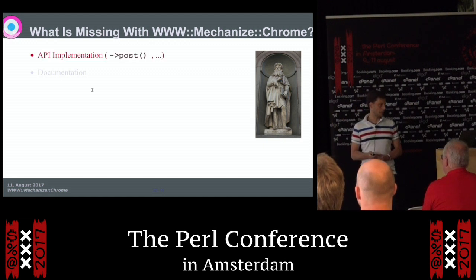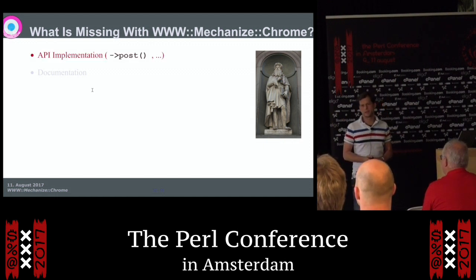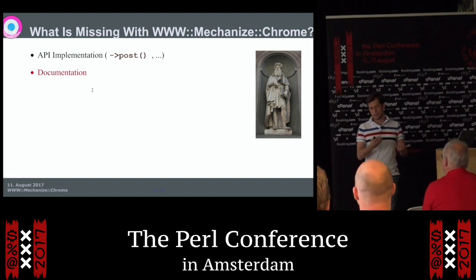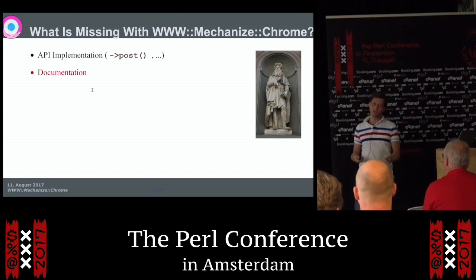What is missing? Well, not everything of the WWW::Mechanize API is implemented, especially the post method is not implemented. So far, I didn't need the post method. If you really need it, it shouldn't be too hard to implement, but I've always put it off with the argument, I don't need it now, and I will implement it once I get to it.